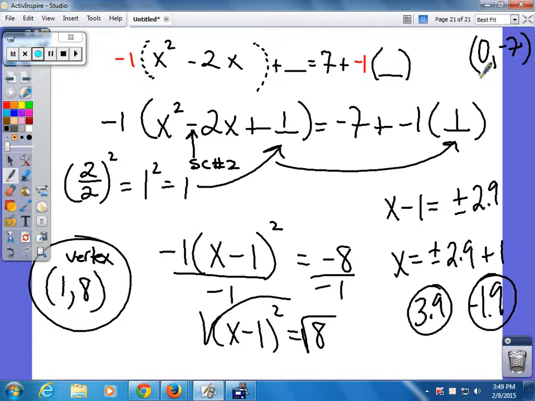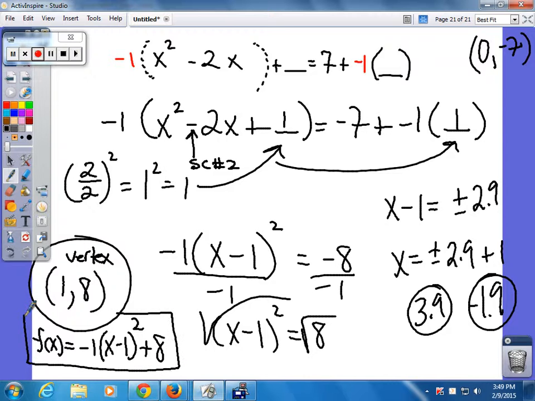If you put it in its vertex form, f of x is equal to negative 1 x minus 1 quantity squared plus what? It's opening downward, goes to the right one place, goes up one place, and it is a regular parabola because of the 1.